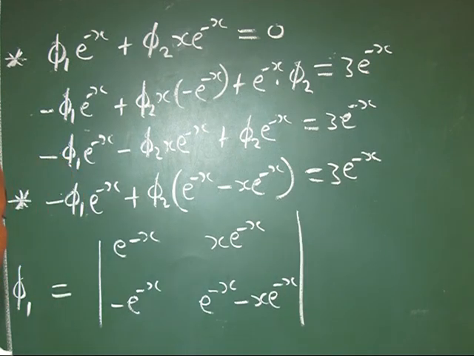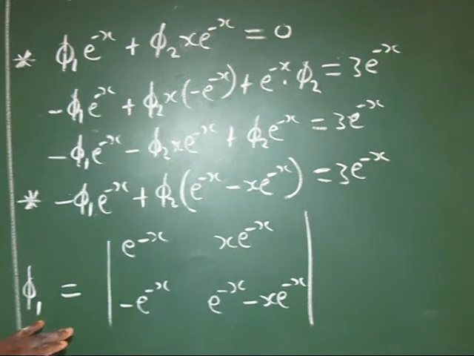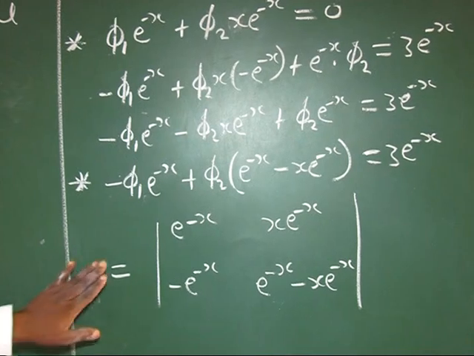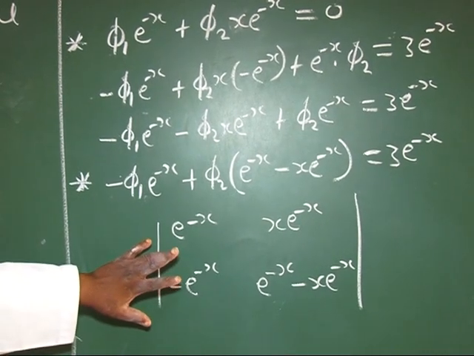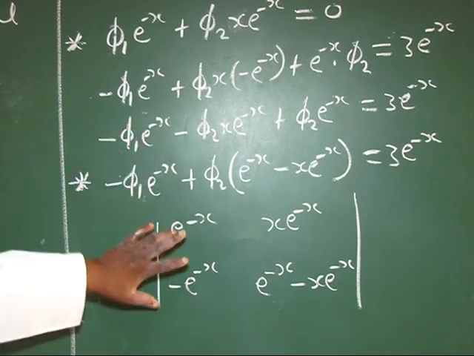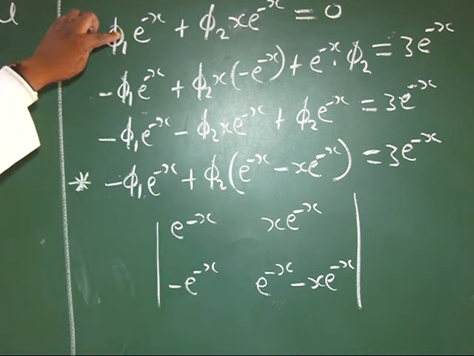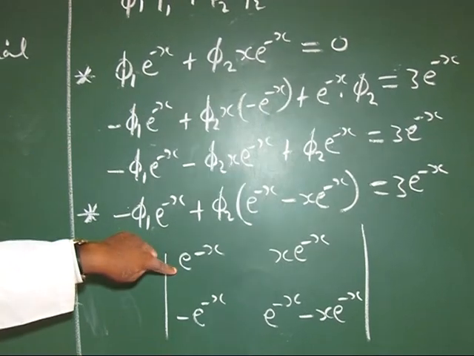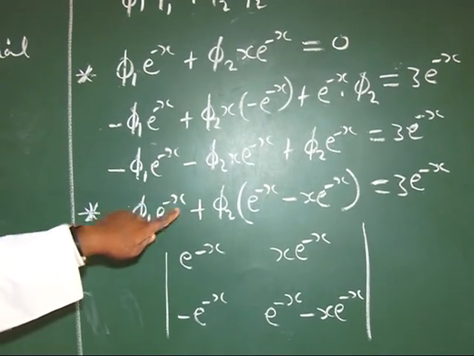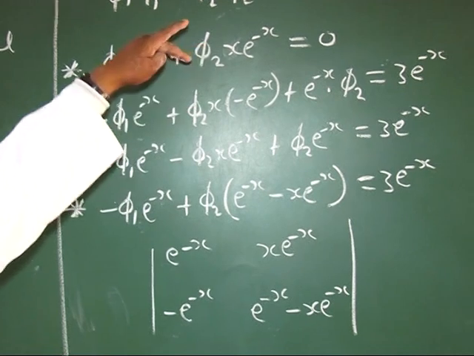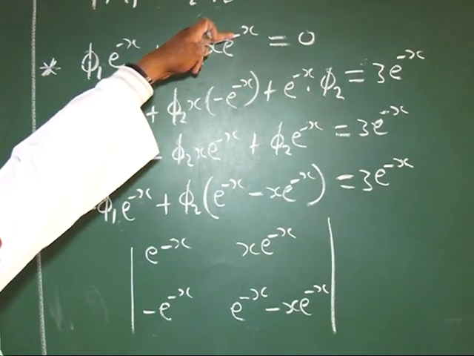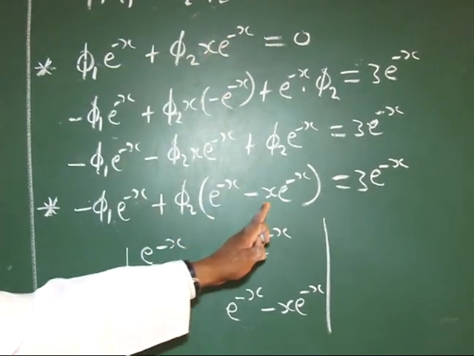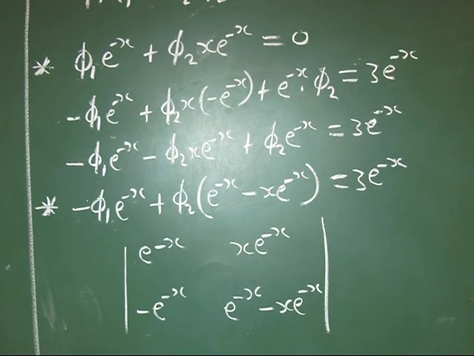Alright, so this is the determinant first. We want to take this determinant first by detaching the coefficient. See, the coefficient of this, then this one is minus e^(-x). Then you go for this, you have x e^(-x). Then this one is here. So let's take this determinant first.